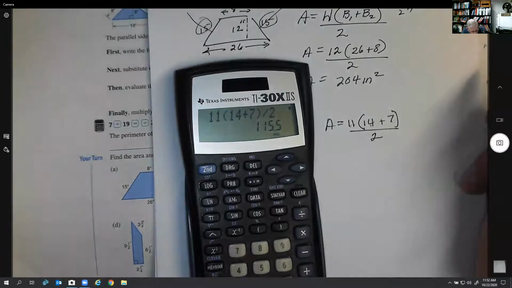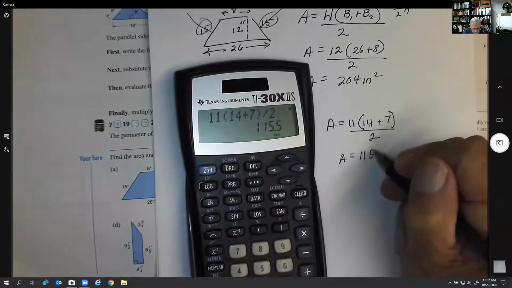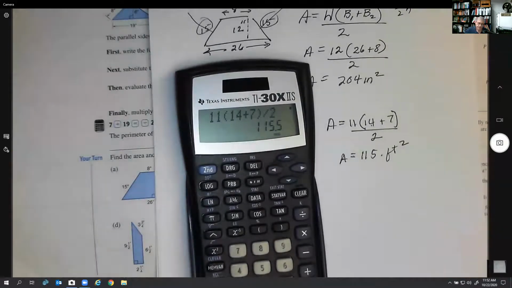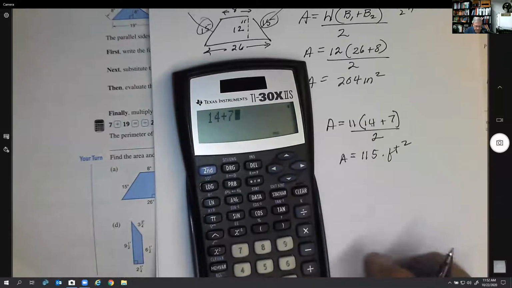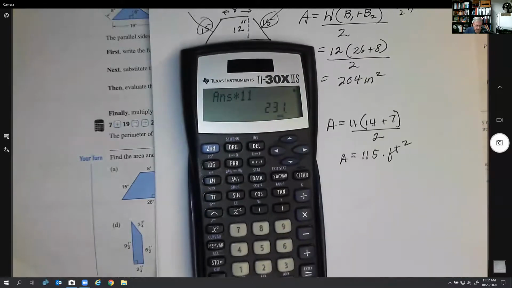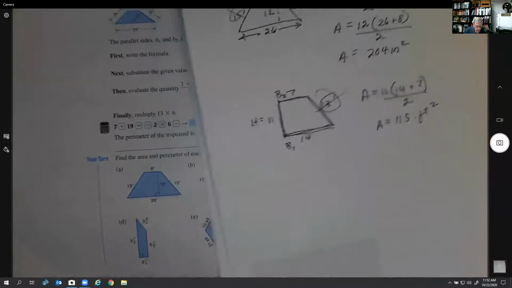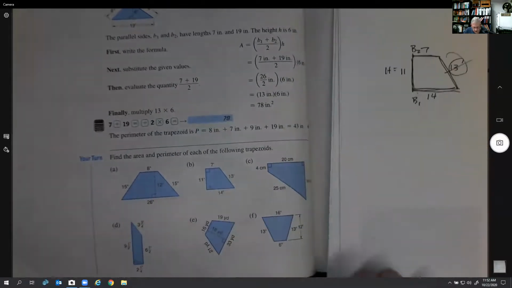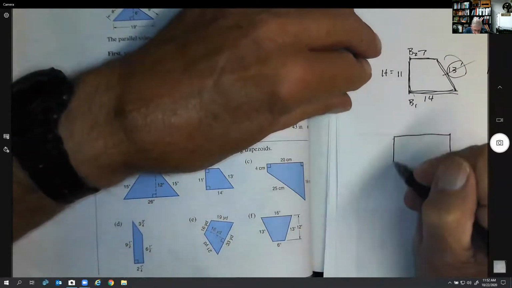I get 115.5 feet squared. Okay, if I don't have this calculator, remember I'm going to add the 14 plus the 7. Hit equal, times 11, hit equal, divided by 2. Hit equal. Same thing. Okay, let's look at this next one, C. We'll probably just do these three, and then I'll let you try some.